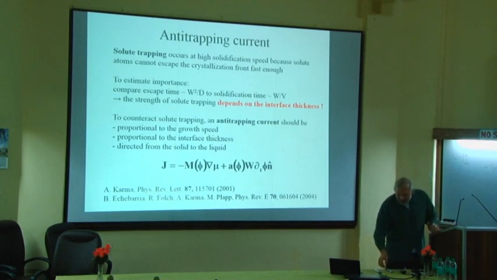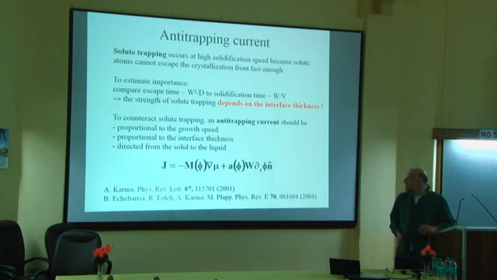Okay? And now to see what happens, you have to compare two characteristic times. One is the time that the solute needs to get out of the crystal. Okay? And if you stick to the thin interface picture, solute has to get through the interface by diffusion. What's the characteristic time for that? Well, you can construct a time scale by taking W squared, which is the interface thickness squared, and dividing it by the solute diffusion coefficient.